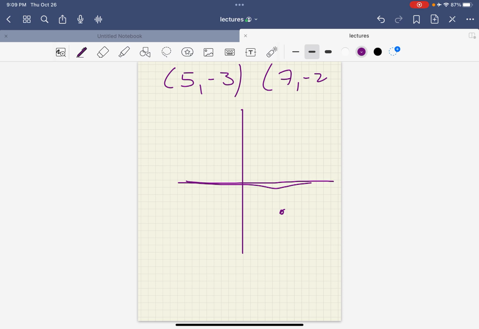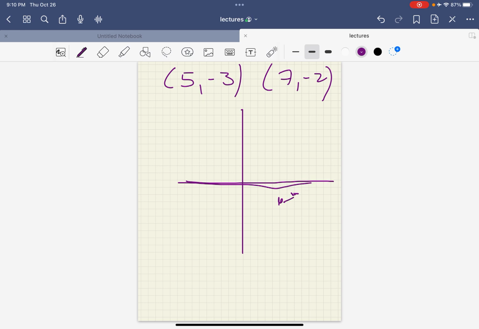It's down one too many. It's super hard to see. Okay, this one is 7, so 6, 7, and down 2 is just right here.